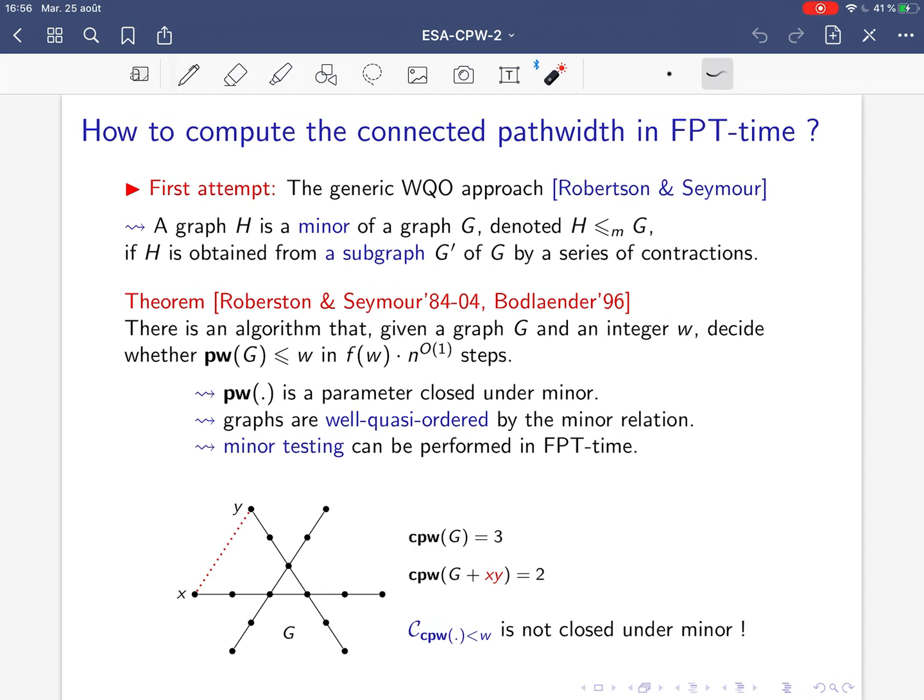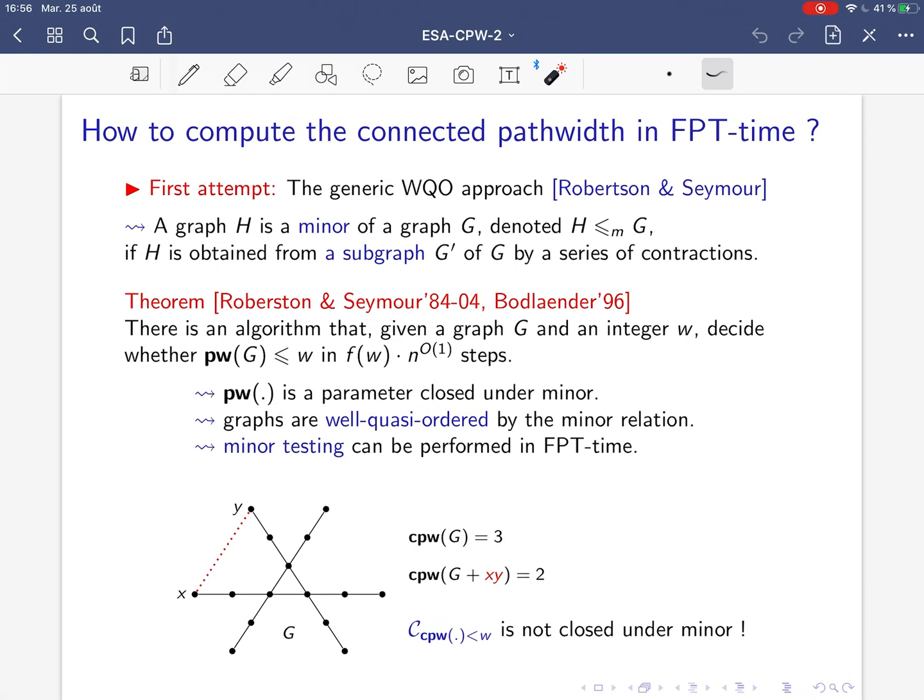The first attempt is the generic WQO approach based on the Robertson and Seymour work. What we know for the path width, if you want to decide whether the path width of a graph is at most w, we know that the path width is closed under minor.